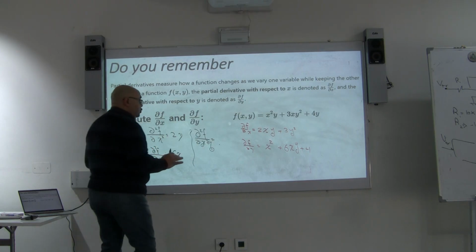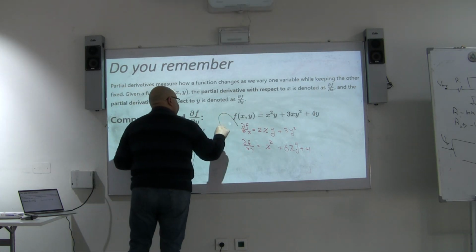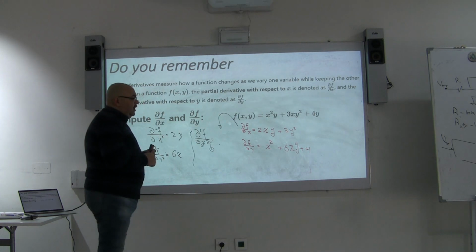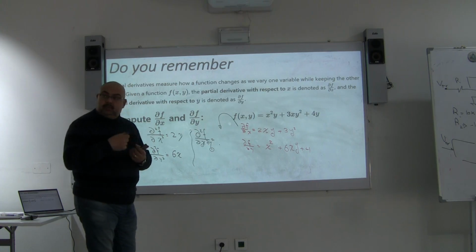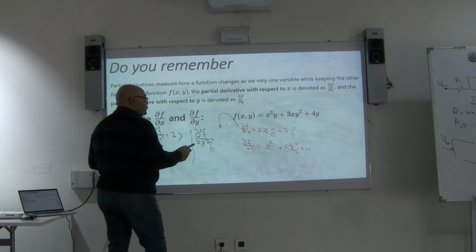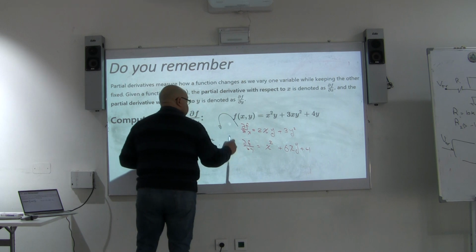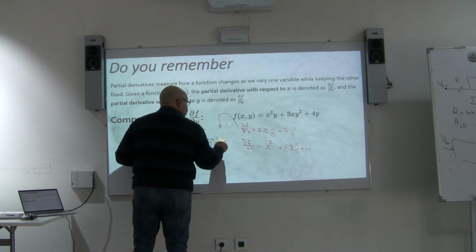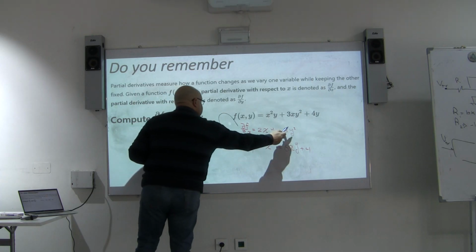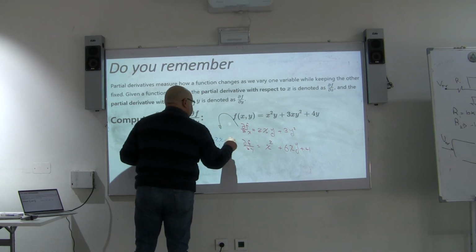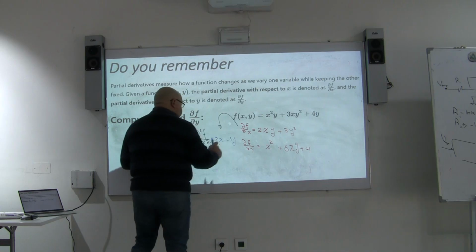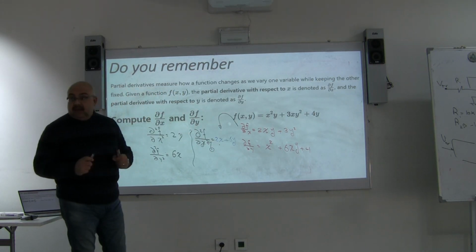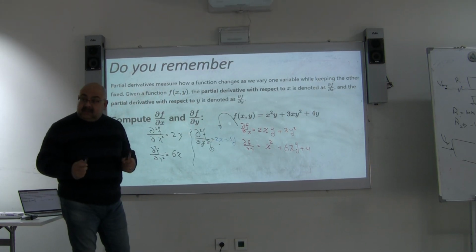So all I have to do is to get the first derivative with respect to x, then I will differentiate it with respect to y. So let's start differentiating with respect to y. The first term will give you a 2x. The second term will be 6y. That's for getting the second derivative, the mixed second derivative.